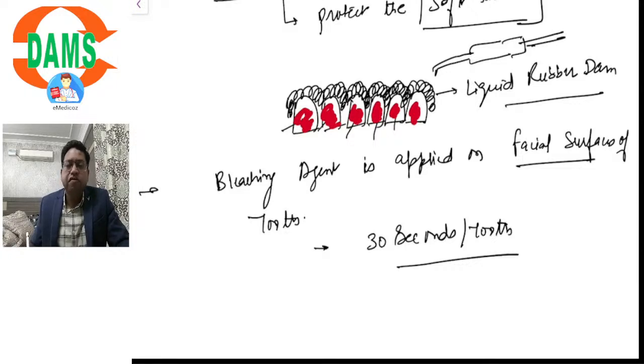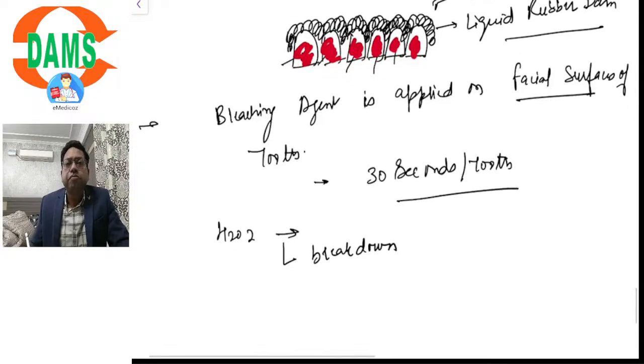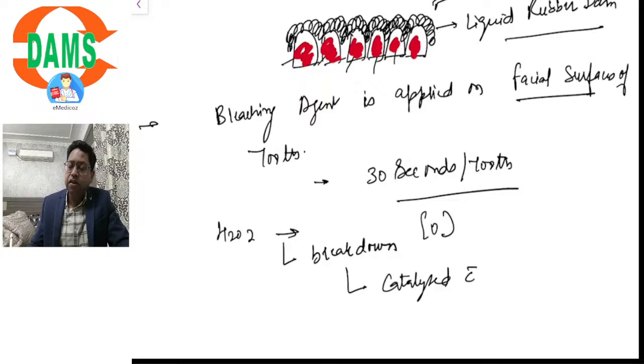But usually it is kept for 30 seconds per tooth. At times, the breakdown of a strong bleaching agent like hydrogen peroxide into nascent oxygen can be catalyzed with some form of light or heat.